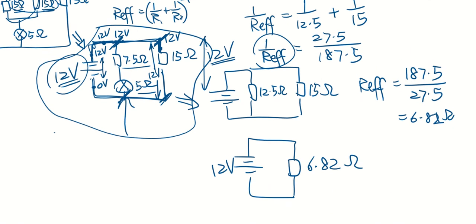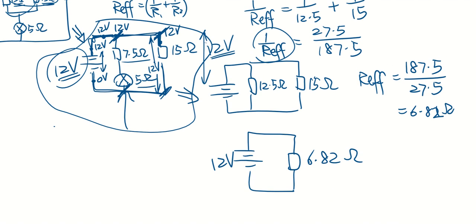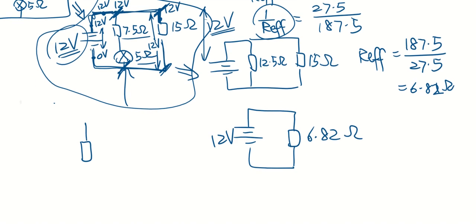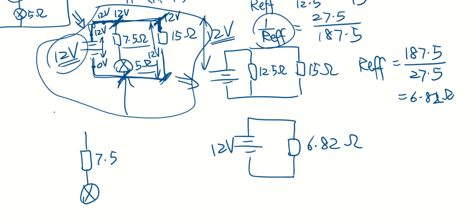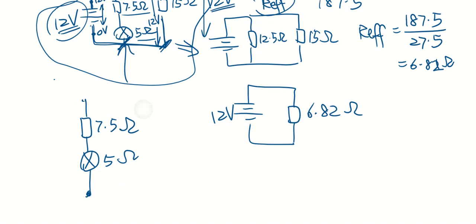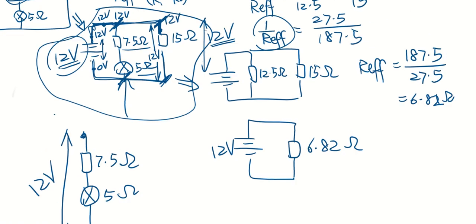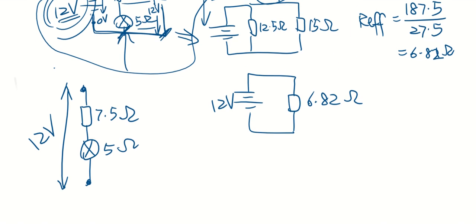So if I know this, then I can calculate the current that flows through this branch because I know the potential difference. This is 7.5 ohm, this is 5 ohm, and from this point to this point the potential difference is 12 because it was connected in parallel to this 12 volts.